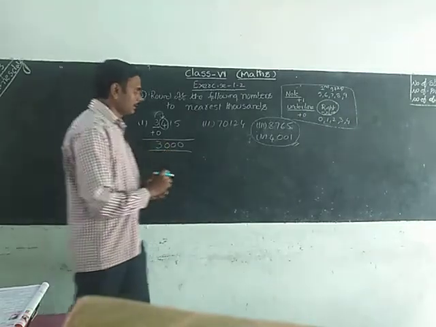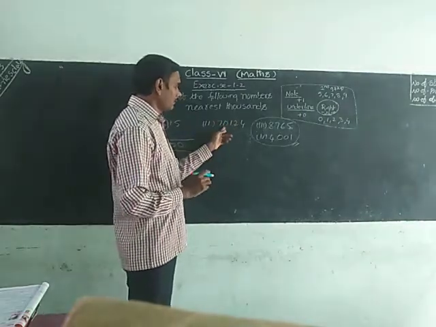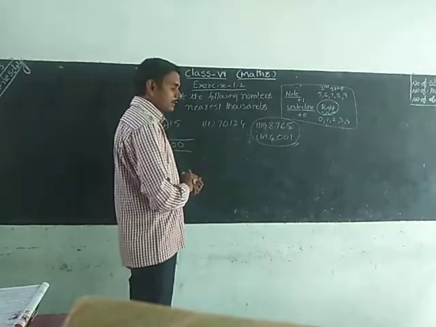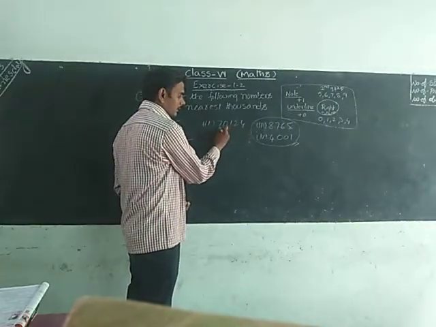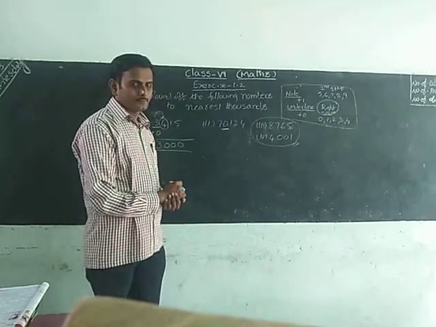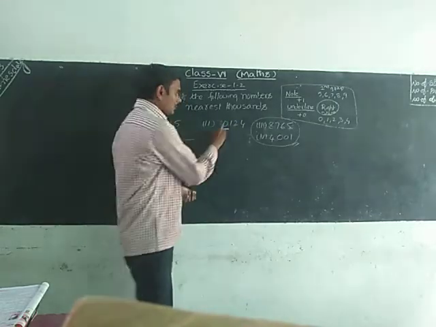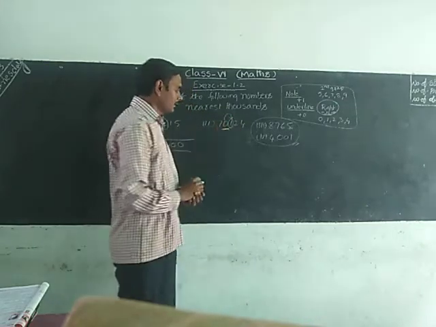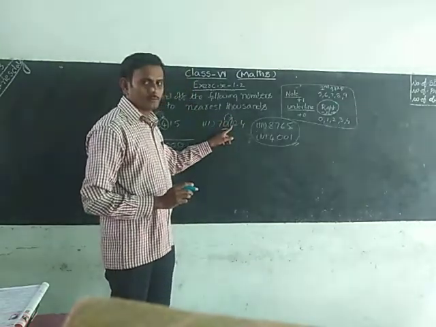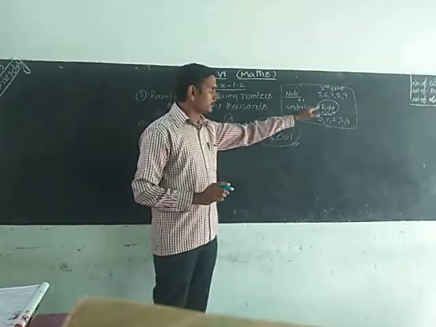Next, this is 71024. Nearest thousand I want to find out. Nearest thousand means ones, tens, hundreds, thousands. Thousand we have to underline. After the underlined number, the right side number you have to circle. What is in the circle? 1. Is 1 related to the first group or second group?